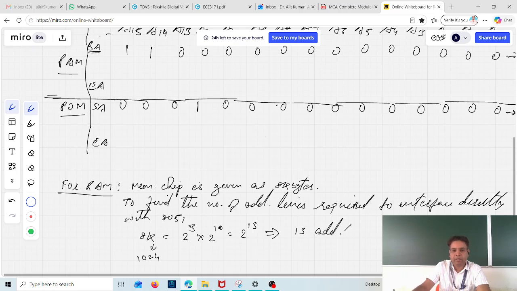13 address lines, that is from A0 to A12, which will be directly interfaced with 8051, and the rest, that is A13, A14, A15, will be connected to the address decoder circuit.